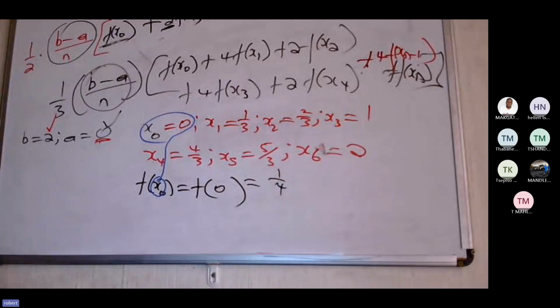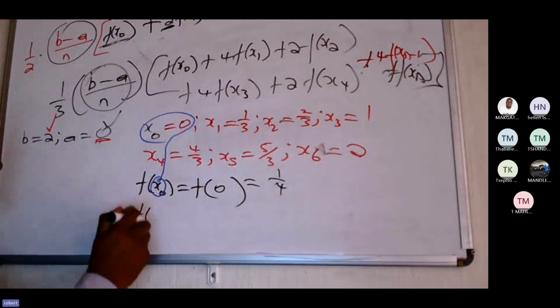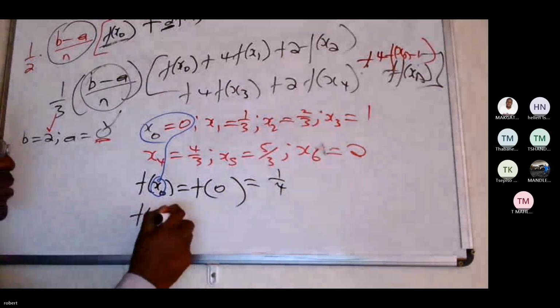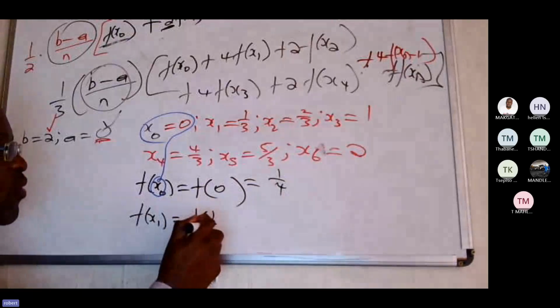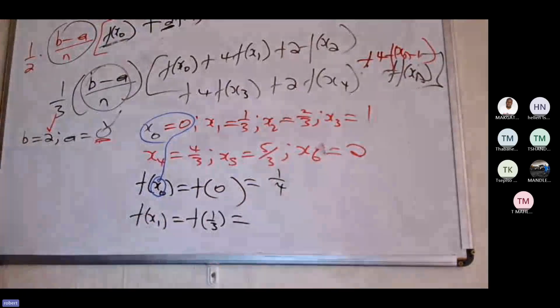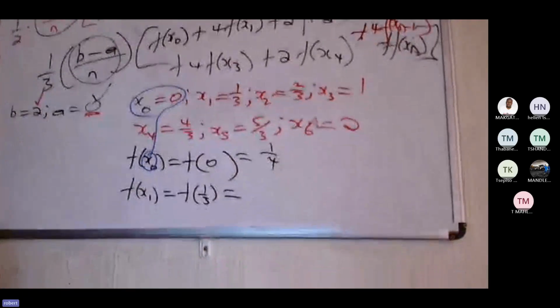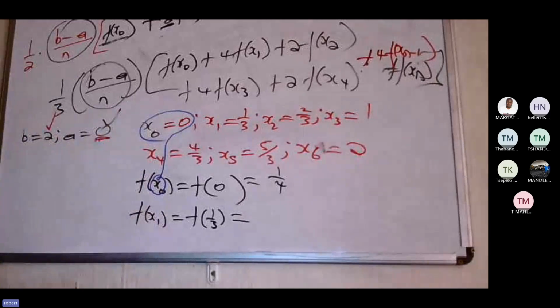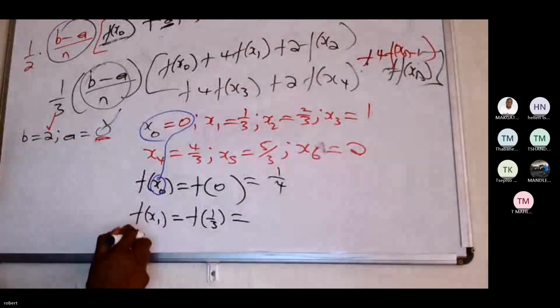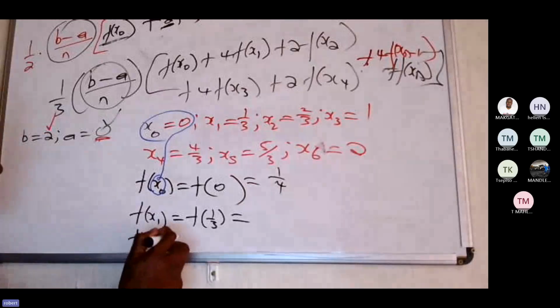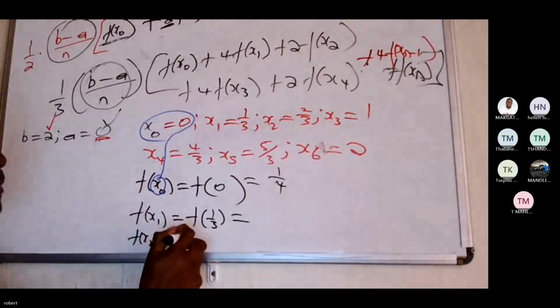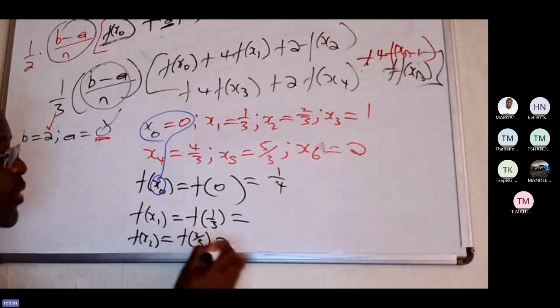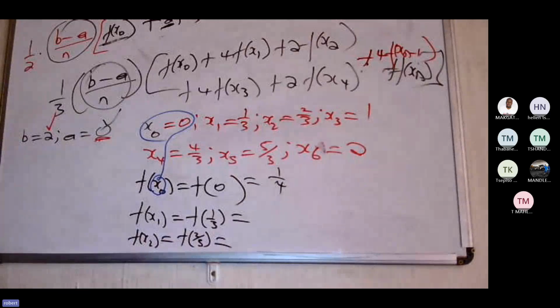You just have to tell me the answers now. What is f of x1, which will be f of 1 over 3? We know the answer. We don't have to recalculate them with me. Unfortunately, I've erased them and I can't remember them, because what we are doing right now is just for practice. What is f of x1?